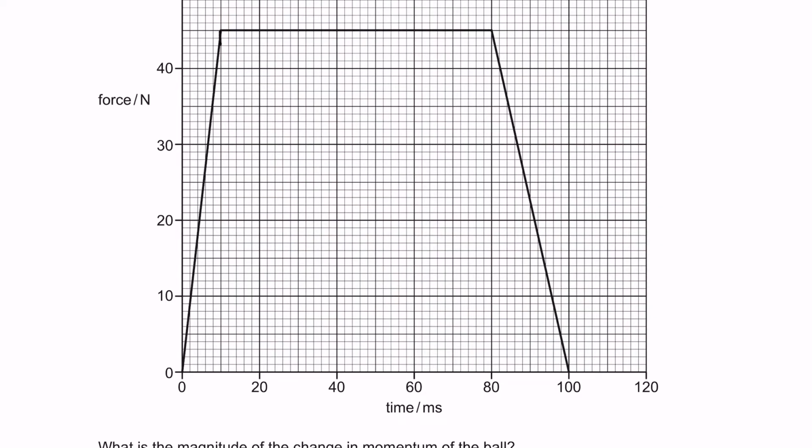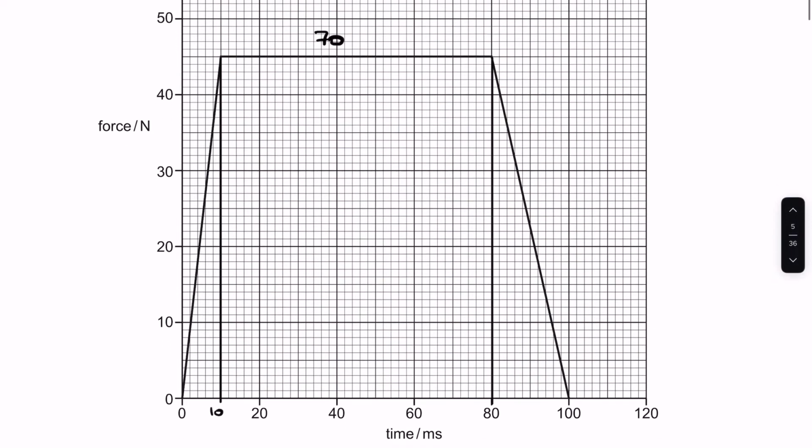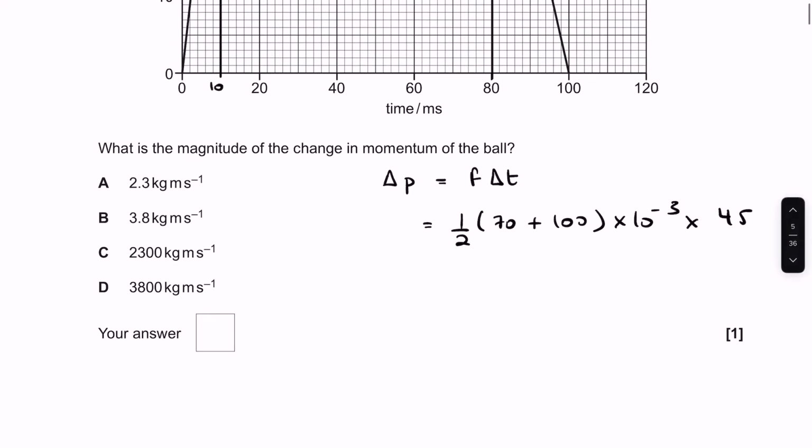So I'm just going to break this down to find out what that top length is, and that value is 10 and that is 80, so we have 70 over here. So the area is going to be half times 70 plus 100 milliseconds, of course, so times it by 10 to the minus 3, and the height is 45 newtons. Okay, lovely. So that gives us B as the answer.